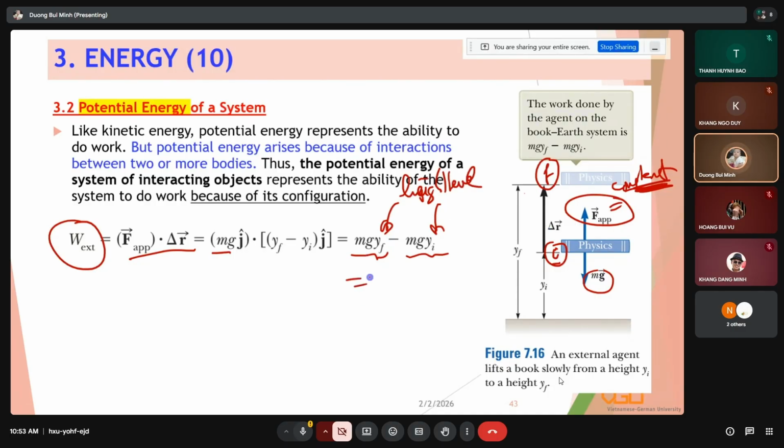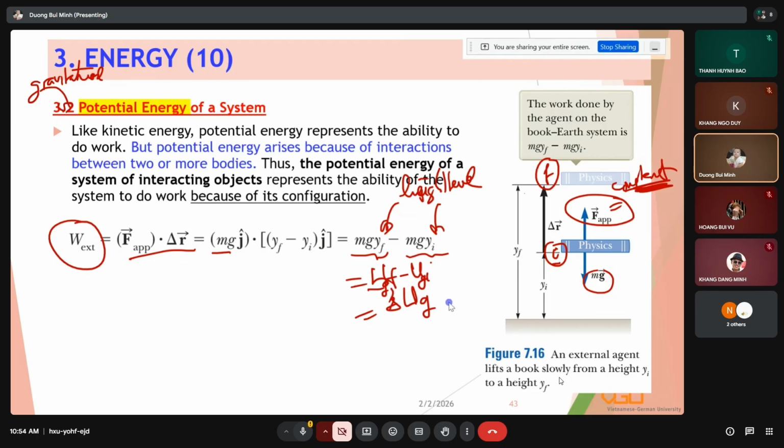Or we can say we have Uf minus Ui. Normally, the symbol of potential energy is U. Uf means the final potential energy of the system, and Ui is the initial potential energy of the system. Or we can say delta U. Here we call it gravitational potential energy, that means the potential energy produced by gravitational force. So we say UGf, UGi, and delta UG.